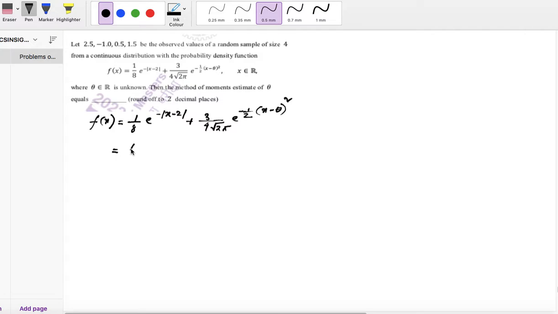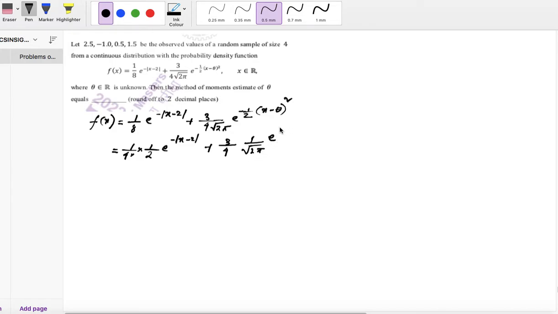One PDF is 1 by 4 into 1 by 2 e to the power minus absolute value of x minus 2, and the other is 3 by 4 times 1 by the square root of 2 pi.